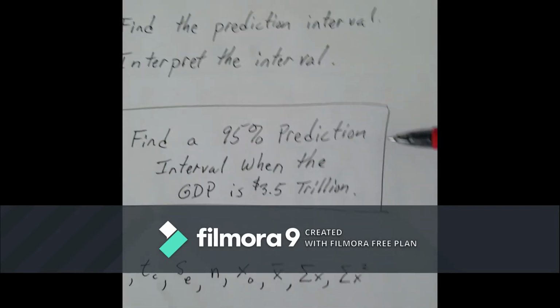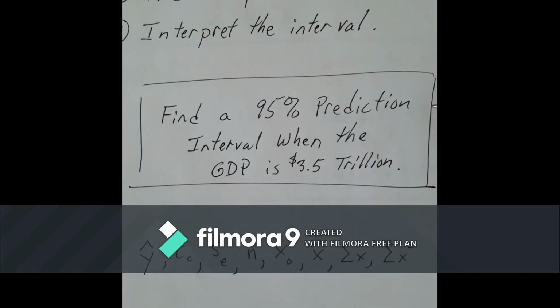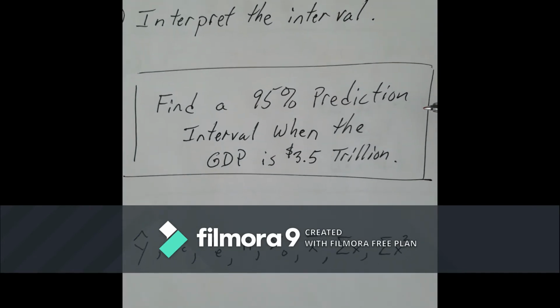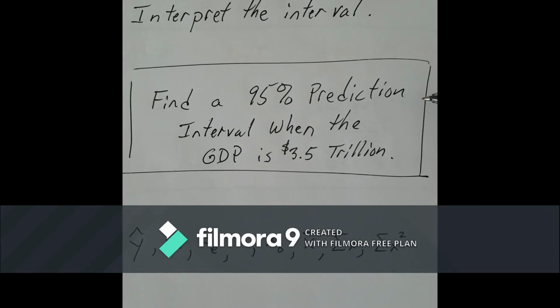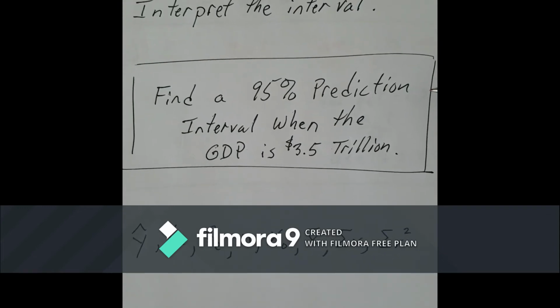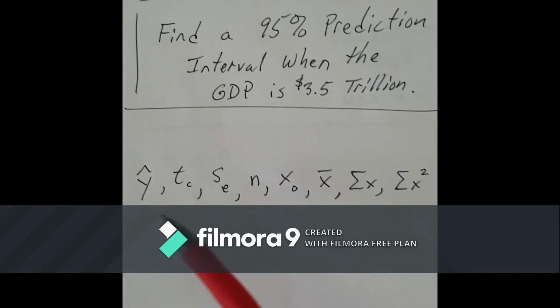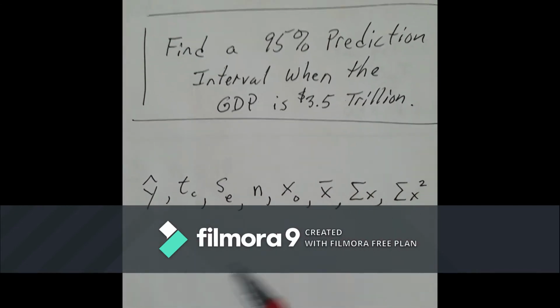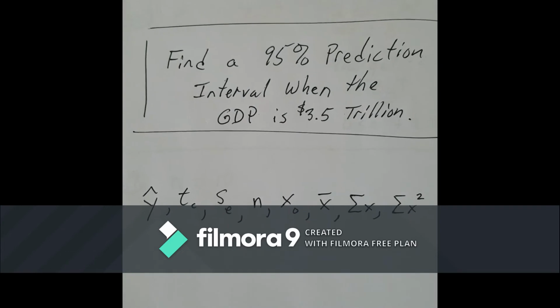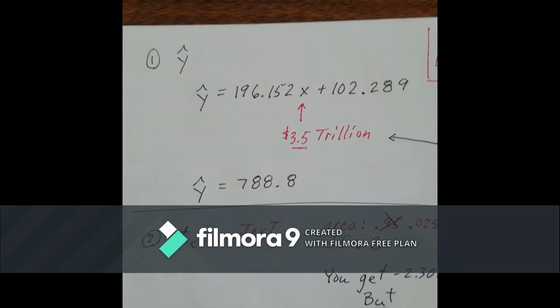Basically, in a nutshell, the question is: find a 95% prediction interval when the gross domestic product is $3.5 trillion. So here's everything we need. You might go, oh my word, but a lot of that the calculator can find for us.